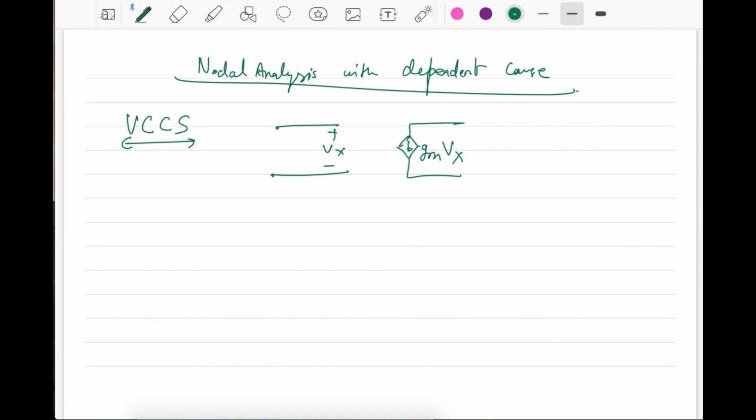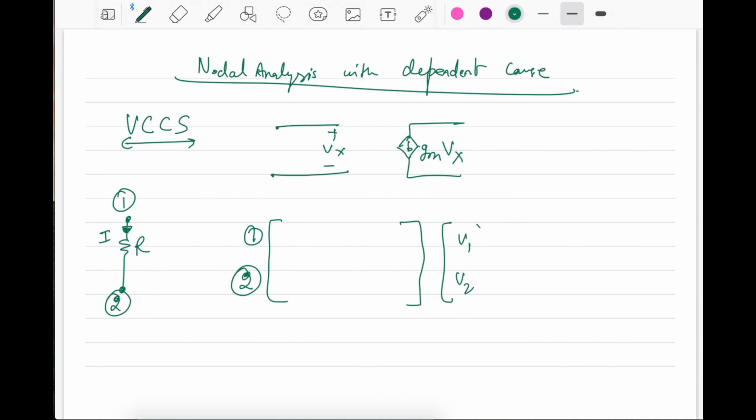First of all, if you recall, if you had a simple resistance R and there were two nodes, let us say this is node 1 and this is node 2, and a current flowing between the nodes. If you wanted to write the conductance matrix, then on the vertical axis we had node 1 and node 2, and on the columns, the horizontal axis, you write V1 and V2, because somewhere down the line you will be multiplying them.